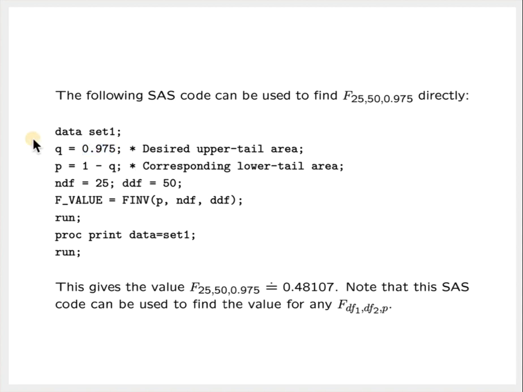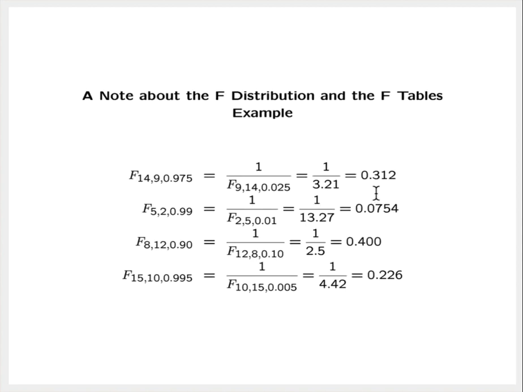And so I would encourage you to play around with this SAS code and make sure that you can not only get this value, but use it to obtain these values directly. All right? You can obtain each of these values without having to use this relationship. You can get these values directly using that SAS code.